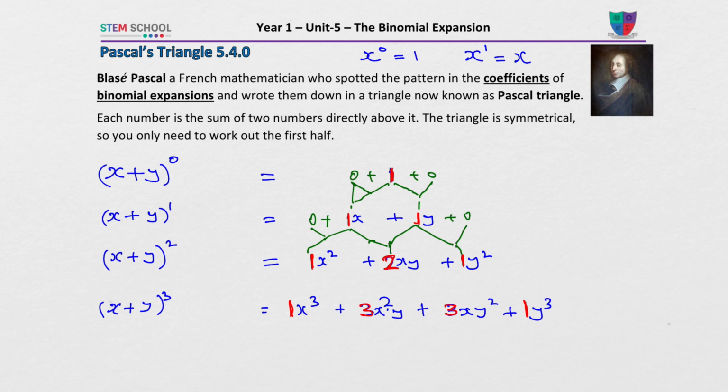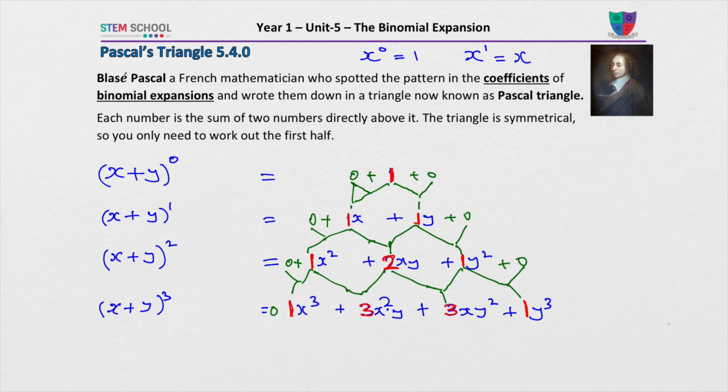For this one, I've got 0 plus 1 here, so that gives me 1. 1 plus 2 gives me 3. 2 plus 1 gives 3. And there's 0 here, so 1 plus 0 gives 1. So now we could do the next one along.